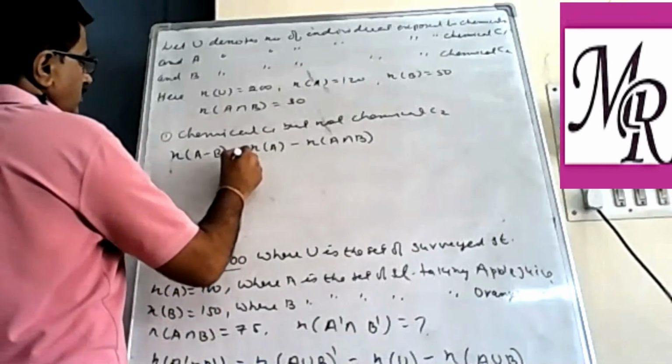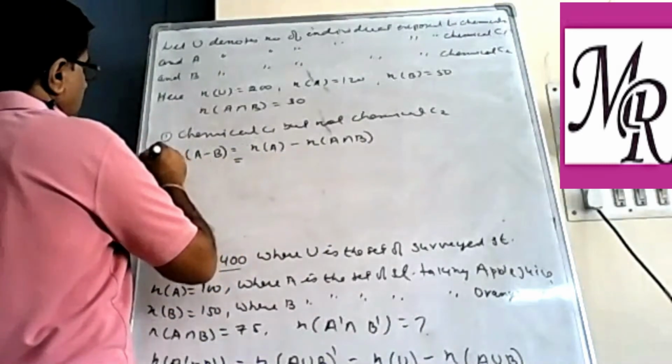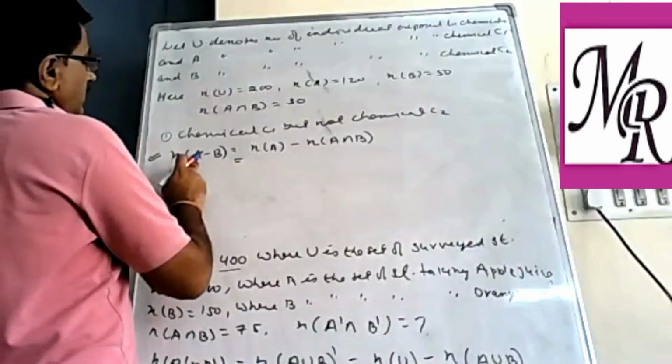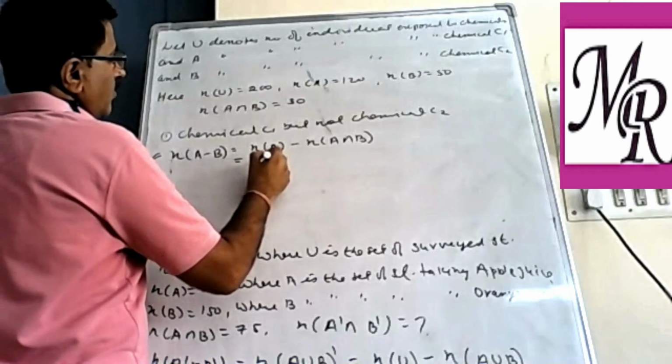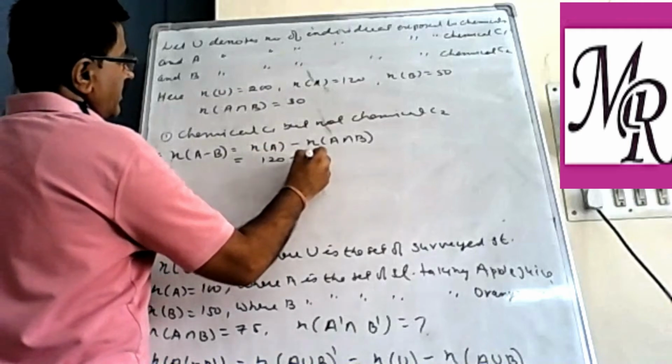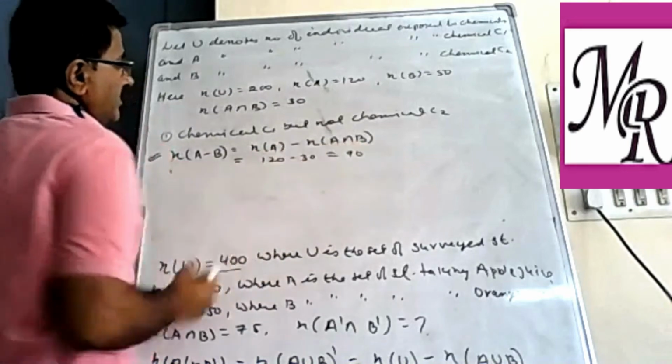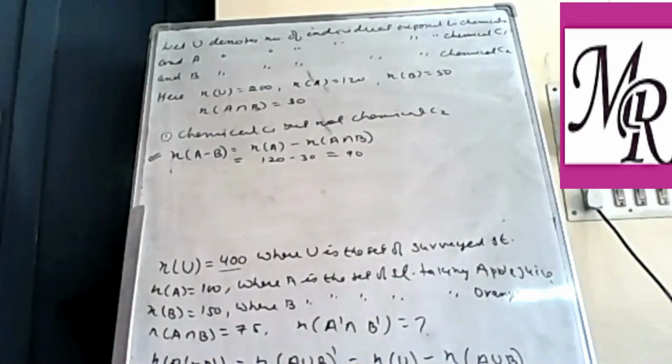Now put the value. ये फॉर्मूला बेटा याद कर लेना. Only A. So Na is given as 120 minus 30, that is 90. So these are the individuals which are exposed to chemical C1 but not chemical C2.